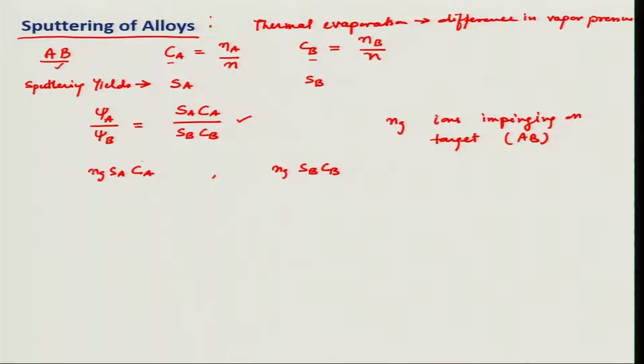Now, say after a certain time t, let us assume that Sa is much greater than Sb. So, more of A is being sputtered.